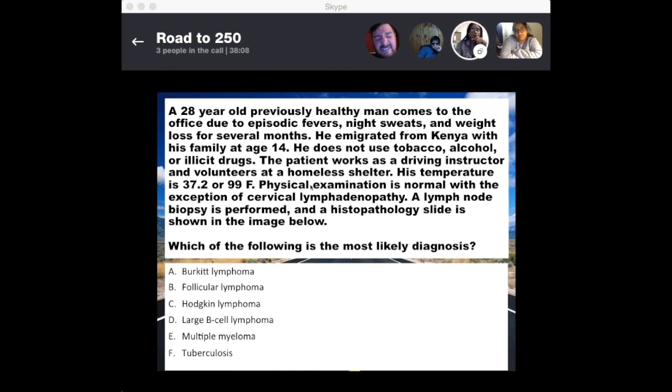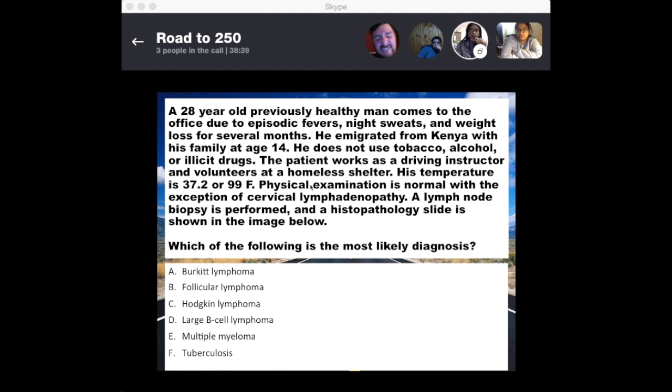All right, so here we have a 28-year-old previously healthy man who comes to the office due to episodic fever, night sweats, and weight loss for several months. He immigrated from Kenya with his family at age 14. He does not use tobacco, alcohol, or illicit drugs. The patient works as a driving instructor and volunteers at a homeless shelter. His temp is 99. Physical examination is normal with the exception of cervical lymphadenopathy.